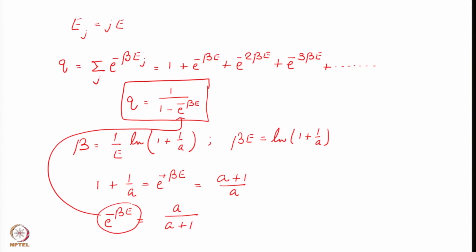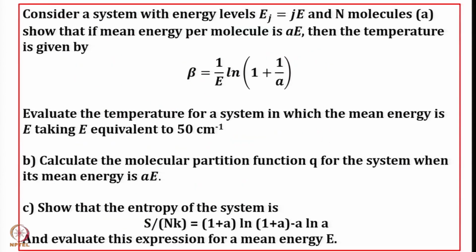Let us look at the problem statement again. By now, we have addressed this. We have also addressed this. Now it says, show that the entropy of the system is S by Nk is equal to 1 plus A log of 1 plus A minus A log A. This is what now we need to show.